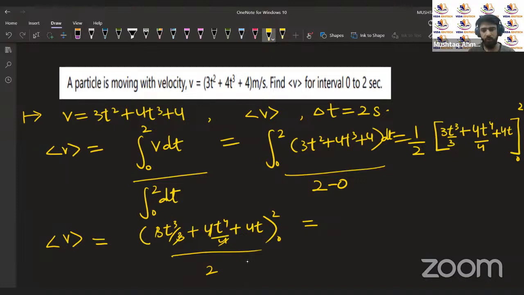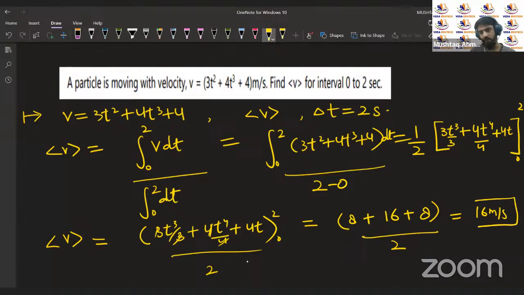So 2 cube here will be 8. And 2 raised to the power 4 is 16. Plus 4 into 2 will be once again 8, upon 2. So we'll be left with 8 plus 16 is 24, and 24 plus 8 is 32, upon 2. That's 16 meter per second. This is the average velocity of this particle between the interval 0 to 2 seconds.